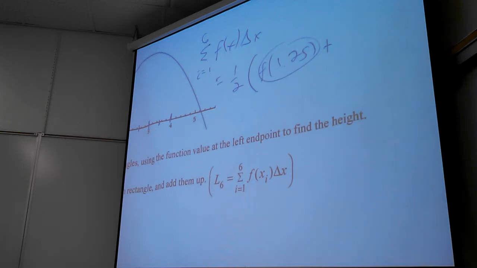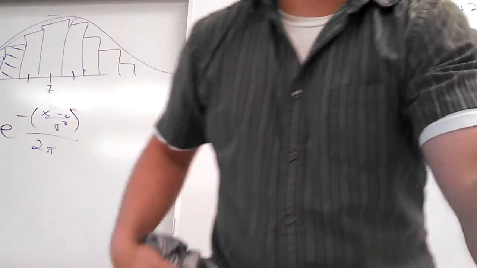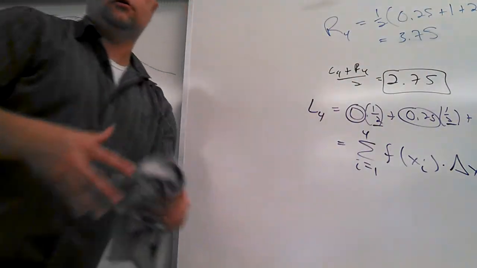So I think the last thing I want to do, this is going to take a little while, that's why I don't get too excited, is talk about the next level. And of course the next level would involve actually taking the limit. The limit as n goes to infinity.